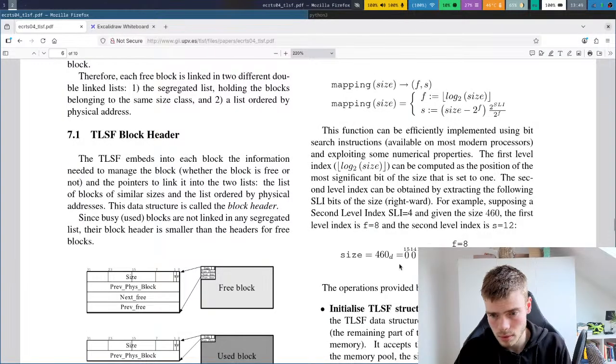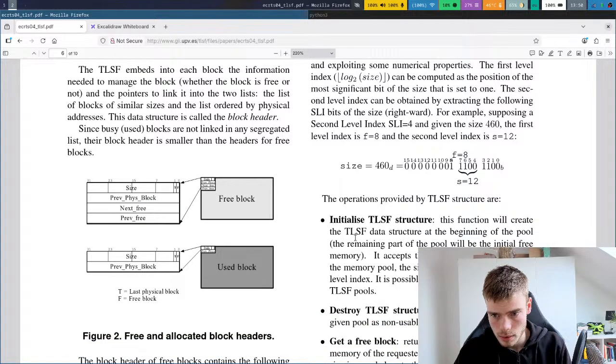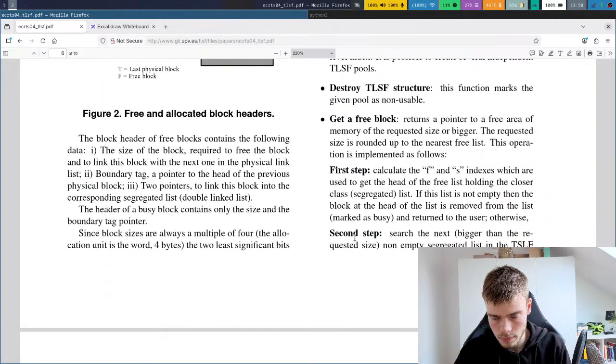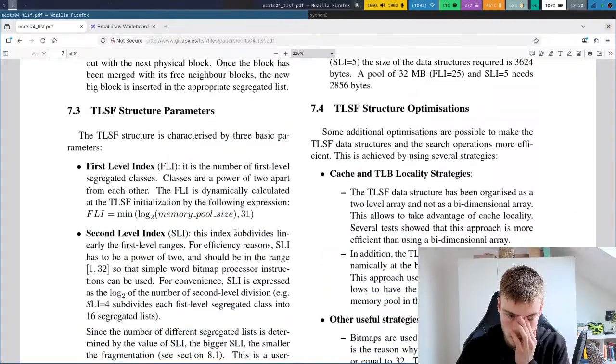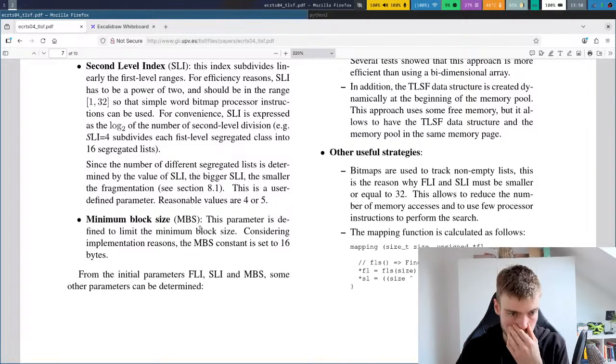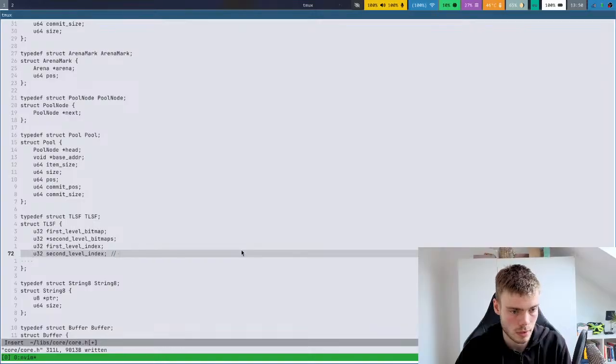Do we even need bitmaps? So FLI was not measured. So SLI is log2, log2 SLI.